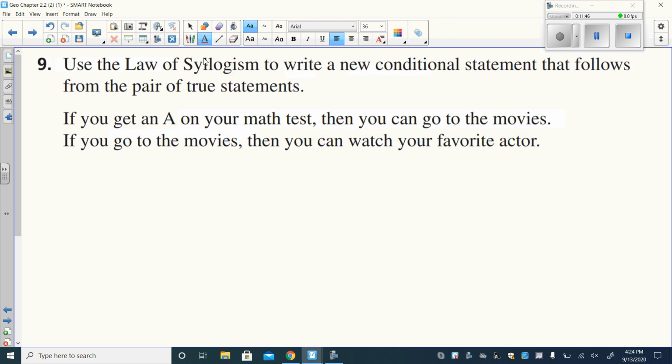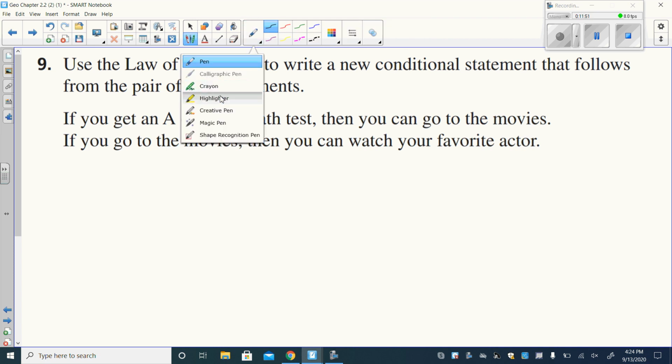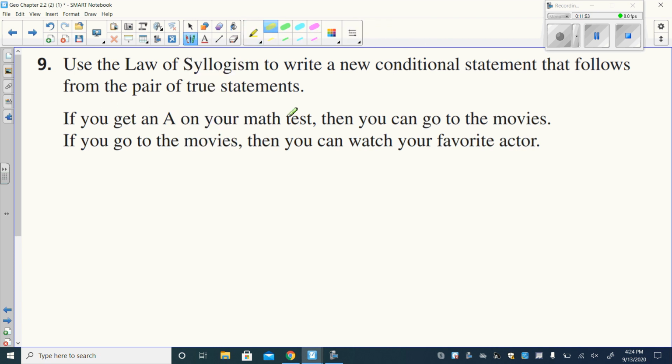So let's look at this one here. Let's see what matches. If you get an A on your math test, then you can go to the movies. If you can go to the movies, then you can watch your favorite actor. You can go to the movies. So this matches up. We have an if of one and then of the other.